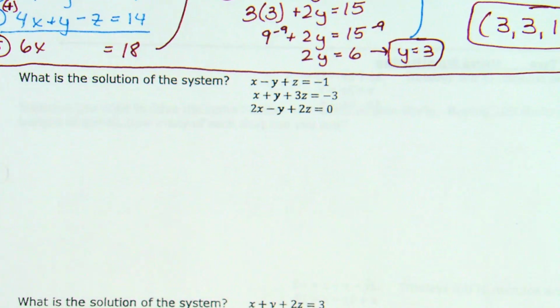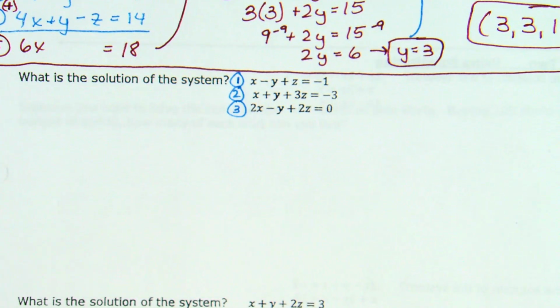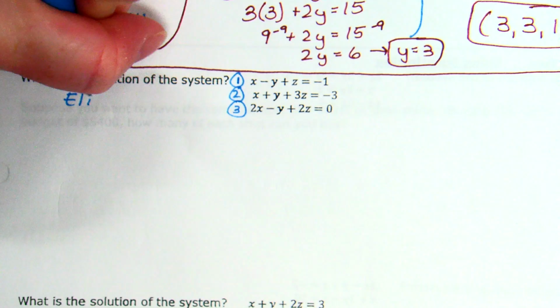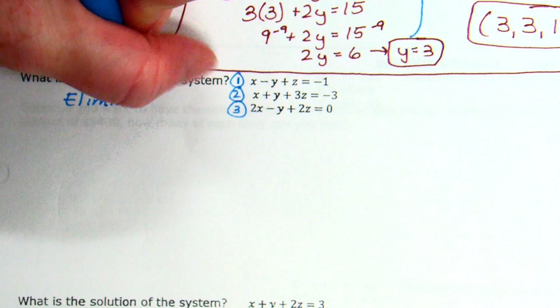And then I need to pick a variable that I want to eliminate. Y's, for the same reason we did z's last time. All the y's are 1 y's, negative 1 y's. And just for the benefit of anyone that looks at my notes, or if we get confused what we're doing in the process, I'm writing it down.